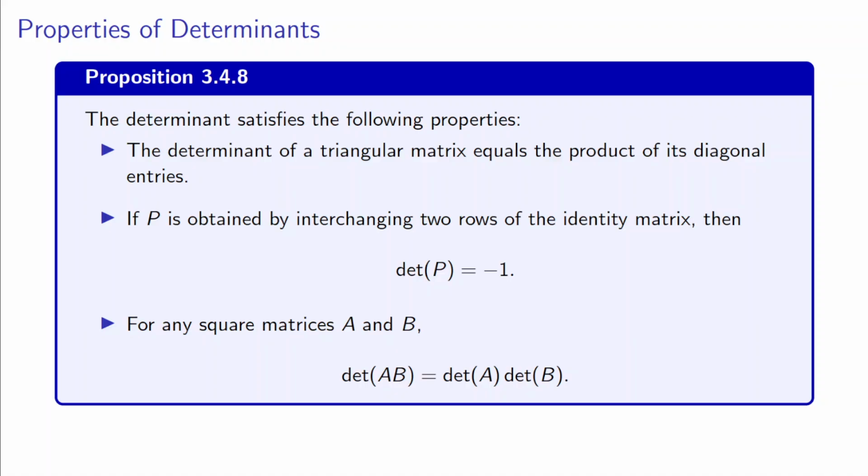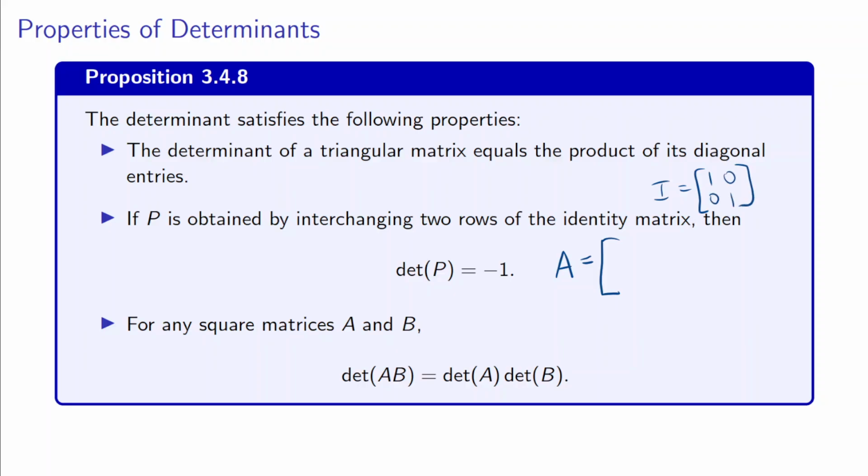If P is obtained by interchanging 2 rows of the identity matrix, then the determinant of P equals -1. The idea there is that if you interchange 2 rows, thinking geometrically, let's go with the 2 by 2 case to motivate this. Our identity matrix for a 2 by 2, just to remind you, is this.